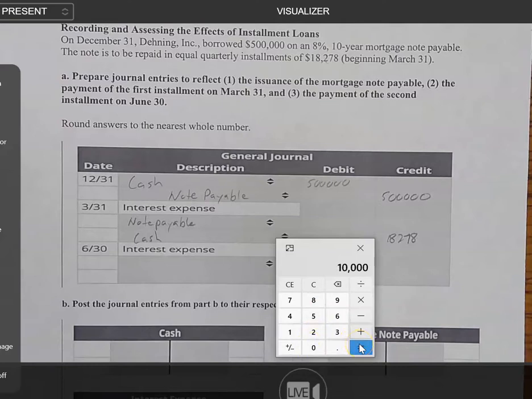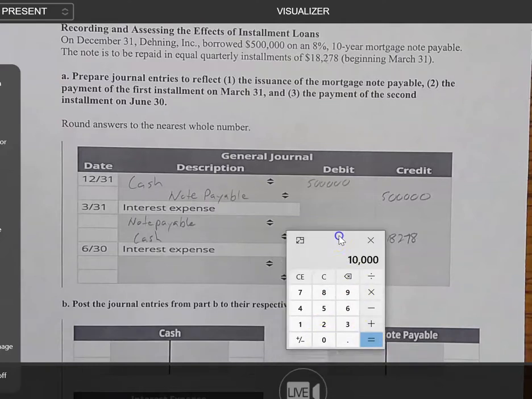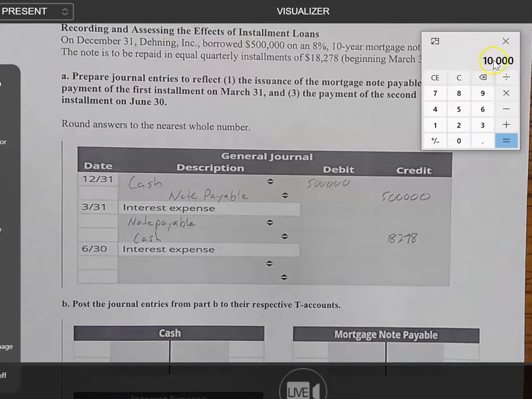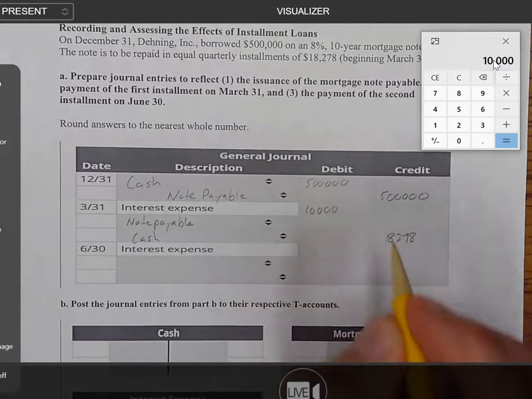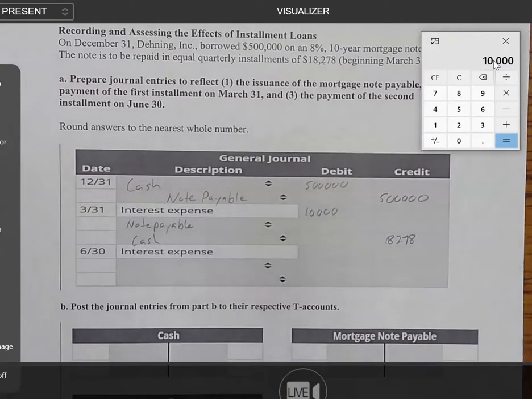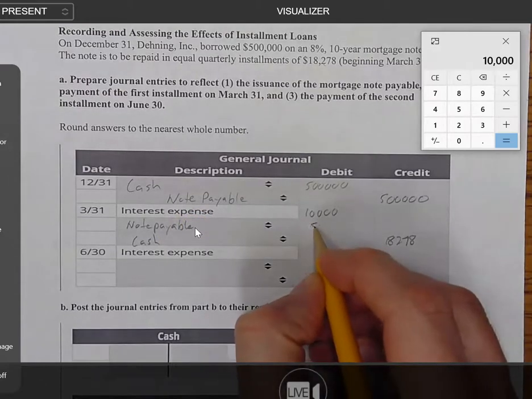Kind of just depends on how you want to do it, okay? But this is going to be our first interest expense amount, okay? So $10,000, and then the difference between $10,000 and $18,278 is the reduction to notes payable.